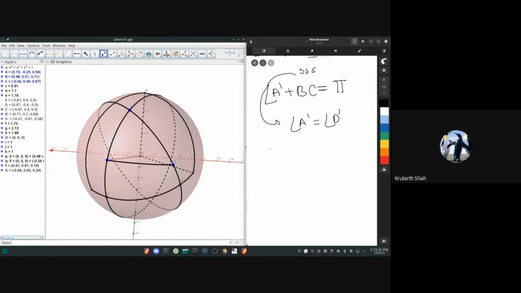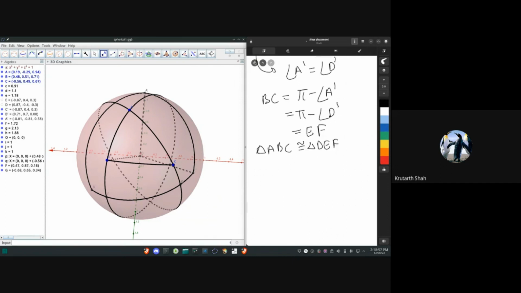We get that BC equals pi minus angle A', which equals pi minus angle D', which equals EF. And similarly, all other sides are equal. So since all angles and all sides are equal, triangle ABC is congruent to triangle DEF.